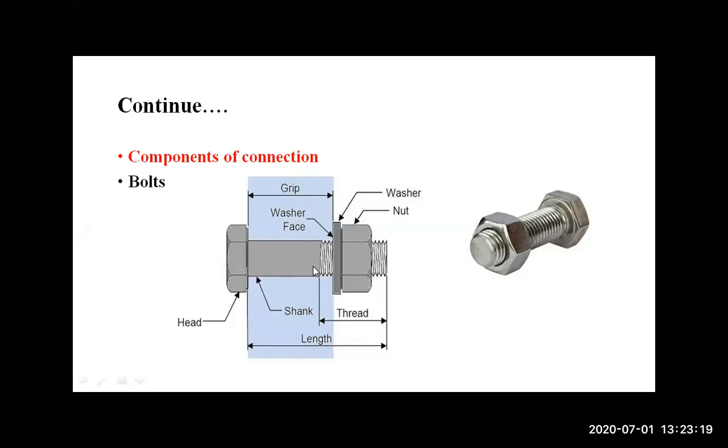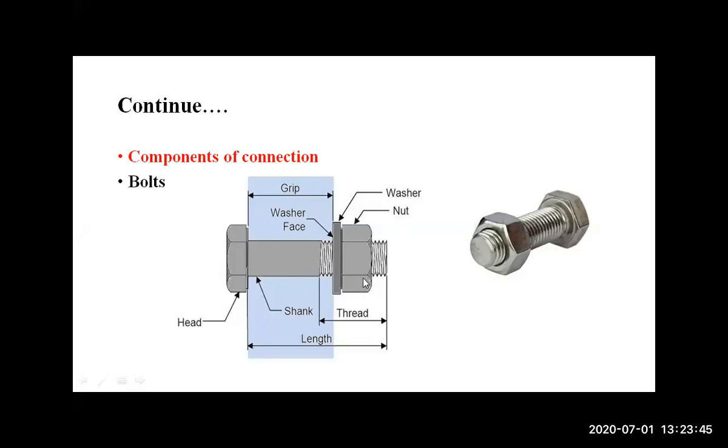Again here, this part we call the shank. Why do we call it the shank? It is the part above the threaded portion. So this is the total length, half length is shank and half length is threaded. The threaded part is there for which purpose? To fix the nut to the bolt.